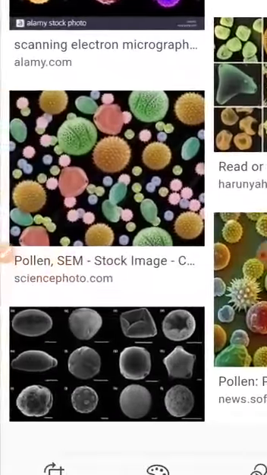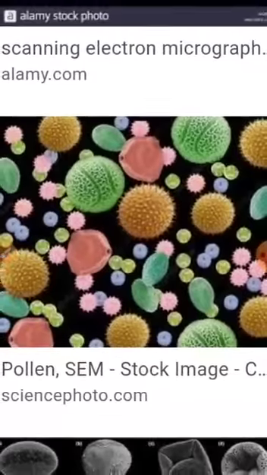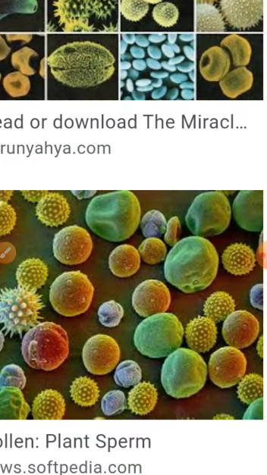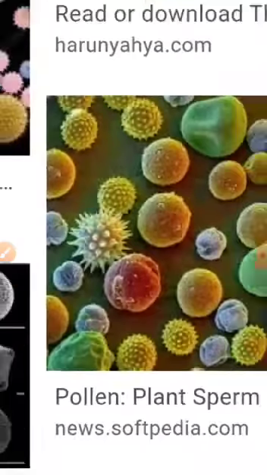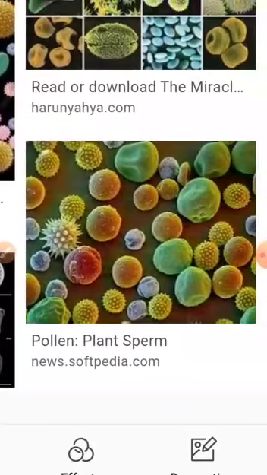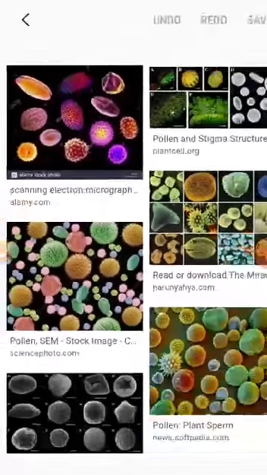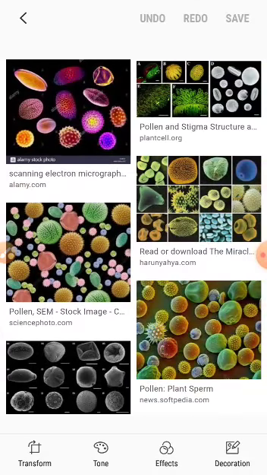Some are round in shape, some are oval, some are triangular, and in some the exine is showing spine-like structures, it is a spiny layer. These beautiful structures are all microspores, and they are also known as pollen grains. So there is such a variety. You can see each microspore is actually haploid, and it has only a single nucleus.